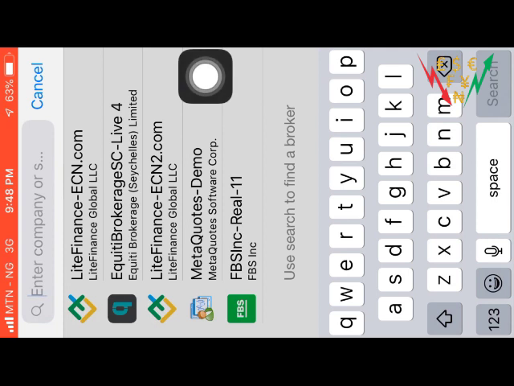So you log into an existing account, and here they say enter company and or server name. So you enter the name of your broker. It could be lightfinance.ecn.com or equity broker SC, depending on the brokerage firm you choose to use. Should you be thinking about a reliable and recommended broker to actually use, you can check in the discover brokers that we are using and we have actually tested, and we are still trading with them for different purposes.